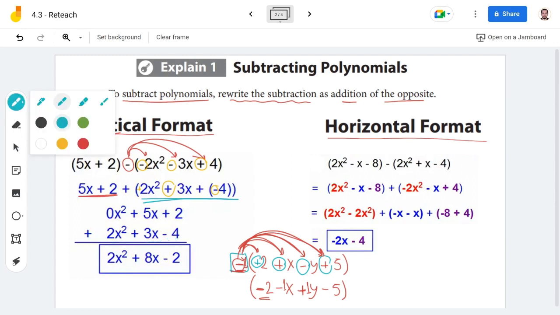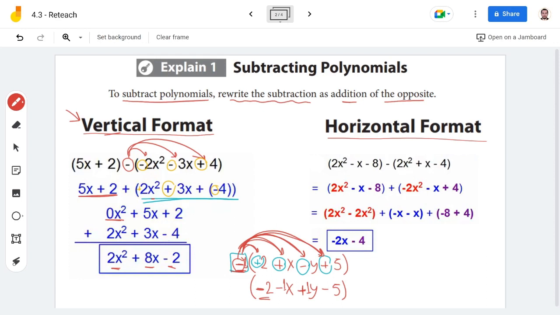And any missing part, you have to state it in standard form. So this is x to the power of 2, so we replace it with 0x squared. So 0 plus 2 equals x squared, 5x plus 3x is 8x, 2 minus 4 is negative 4. So this is in vertical.